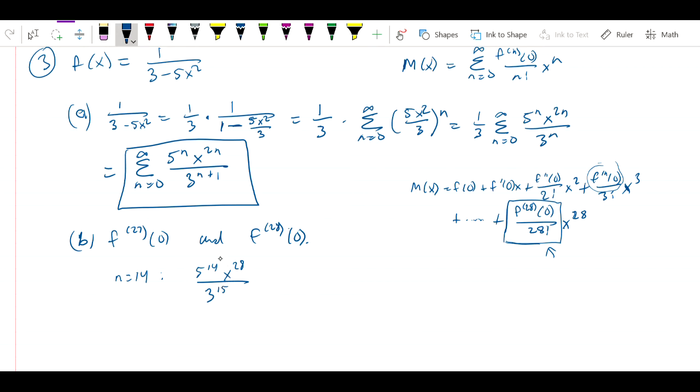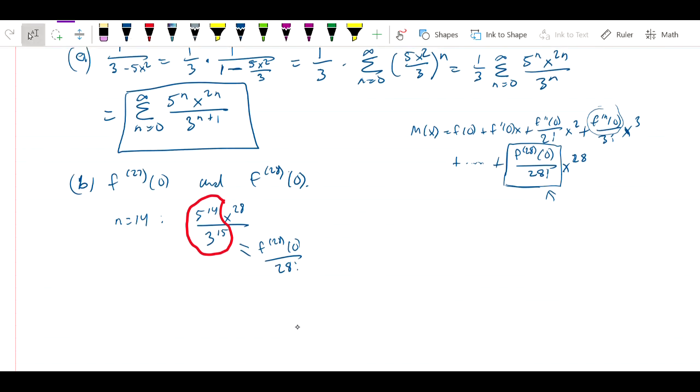Whatever the coefficient is of the 28th power of x, this thing here, has to be equal to the 28th derivative evaluated at 0 over 28 factorial. So I can simply equate them with each other. f 28 of 0 over 28 factorial is equal to 5 to the 14th over 3 to the 15th.